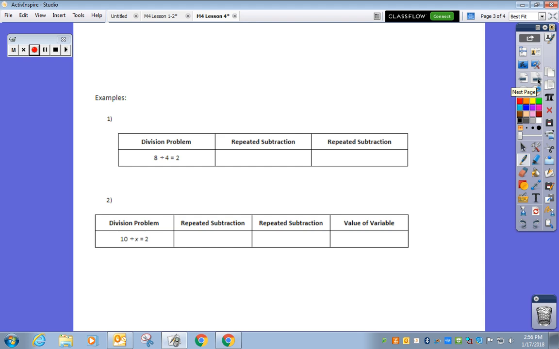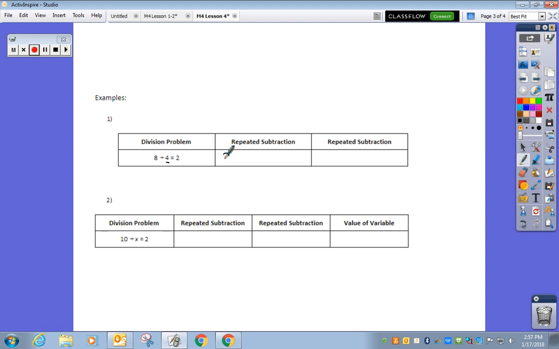So that shows me 6 divided by 3 is 2. Okay, so we are going to look at some more examples of this. If we have the division problem 8 divided by 4 equals 2, I can show repeated subtraction for this. There are 2 ways we can look at this. We can look at this as subtracting 4 repeatedly until we get to 0, or as subtracting 2 repeatedly until we get to 0.